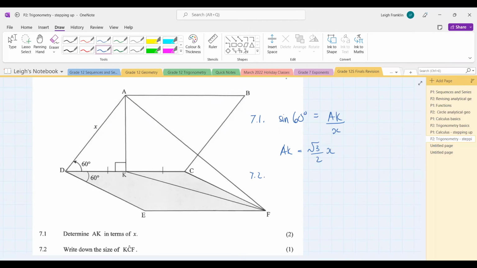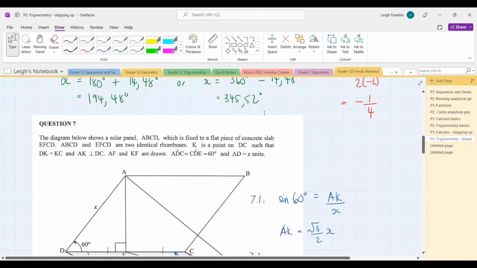Yes, lovely. Okay, now they want us to write down the size of KCF. So in other words, this angle over here. How big is it going to be? Remember the information they gave us in the beginning.